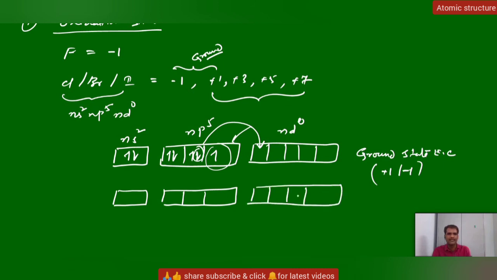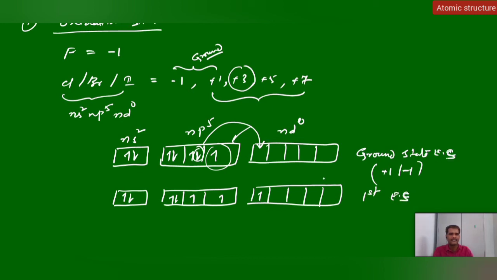So one of the electrons will excite from the np level to the nd level. Now the electronic configuration will become like this. We have 3 unpaired electrons. These 3 electrons are responsible for the +3 oxidation state. This state is called the first excited state. So +3 oxidation state is possible in the first excited state. Very important.